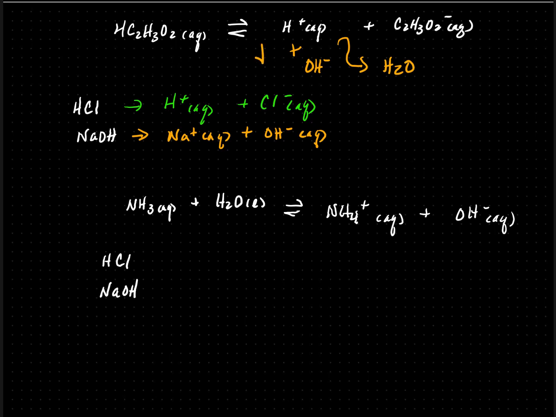So my H+ ions decrease. According to Le Chatelier's, it's going to relieve that stress by shifting towards the removal because it wants to produce more. So it's going to shift to the product side to increase the H+ concentration.